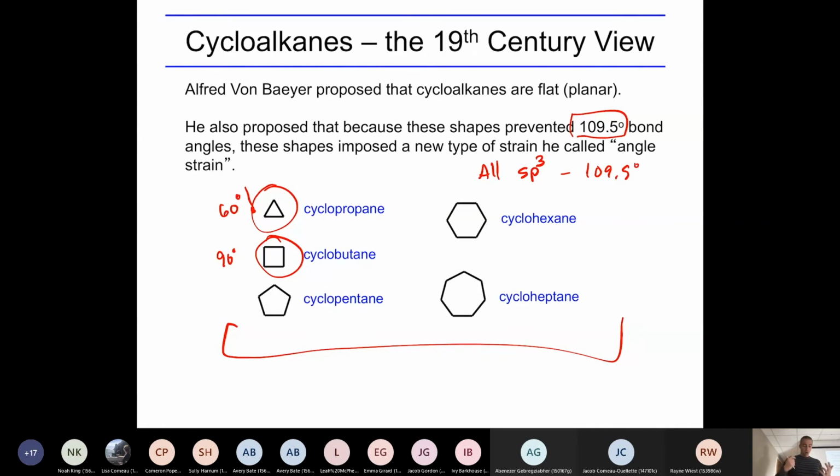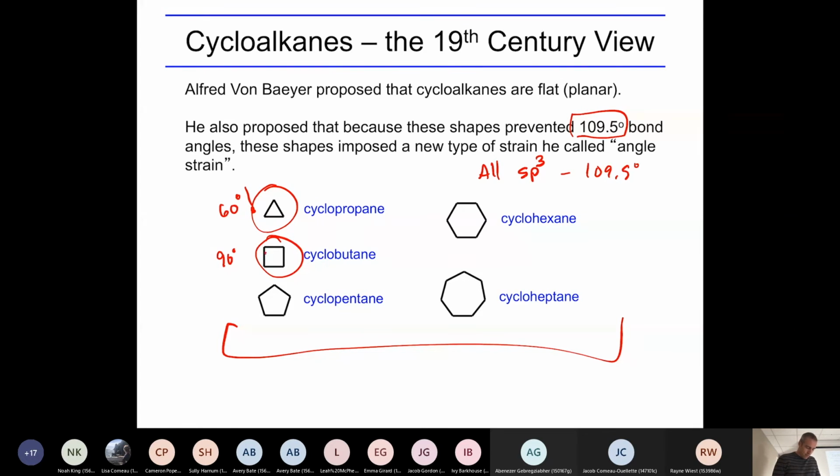So what we know is that you can create strain in a molecule by forcing the bond angles to be something other than the ideal bond angle. So something like cyclobutane, we can take those bonds and stretch them. Obviously we can't grab them with our hands and stretch them, but we can make these molecules in other ways.